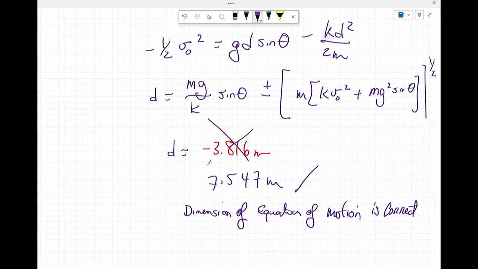Now, another quick check you can do after the fact is put in all your units and make sure that all of the terms actually make sense. If you do that, that's actually a pretty quick way to catch an error that you might have made.